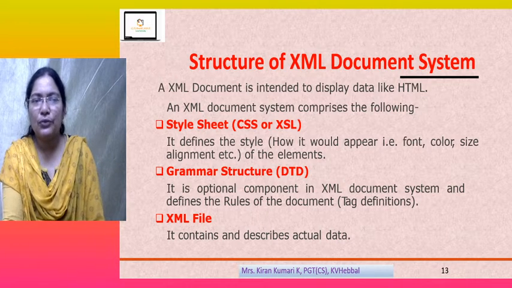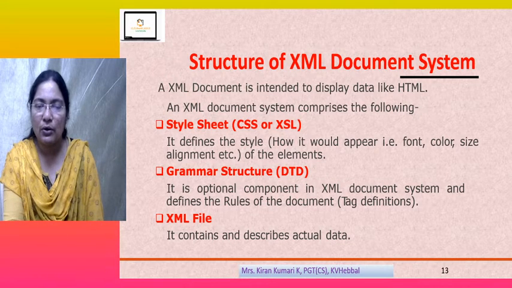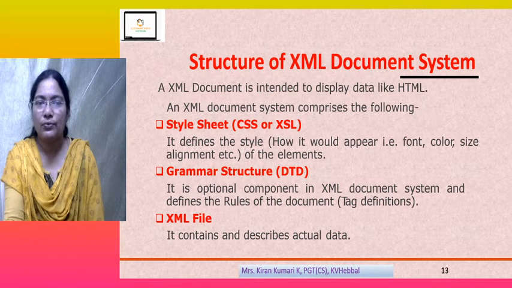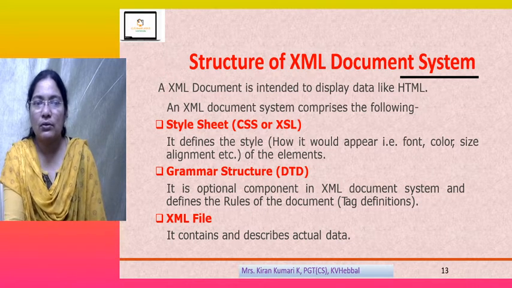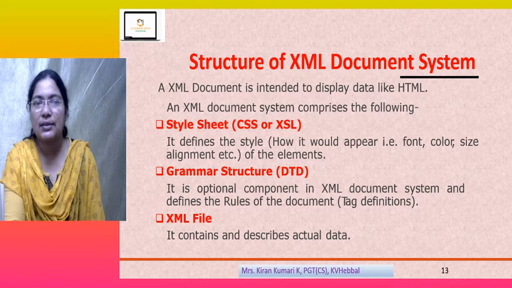For example, on hovering the mouse over a particular tag, what should be the style, what color should the font be, should it glow. All these things we specify in the cascading style sheet.